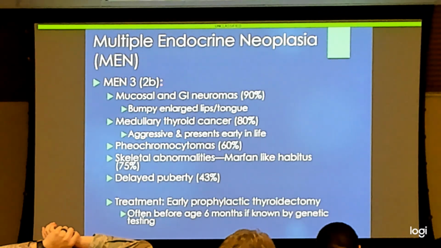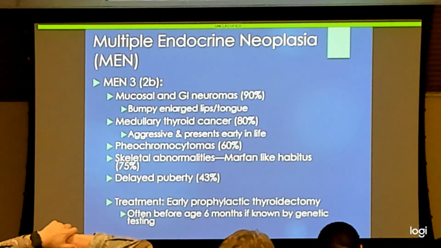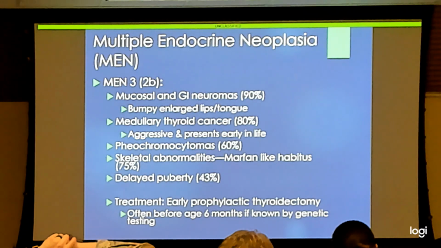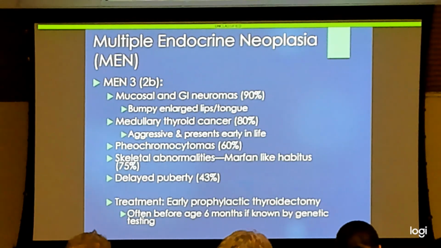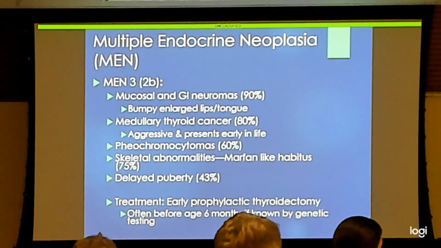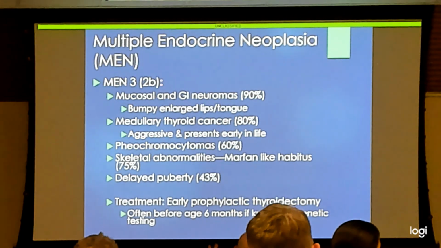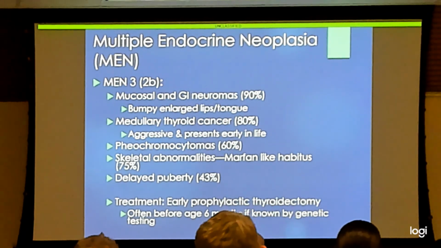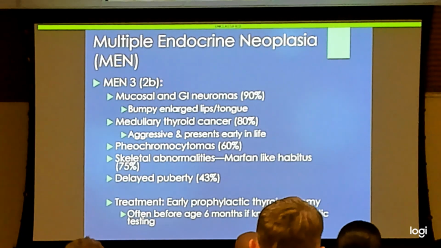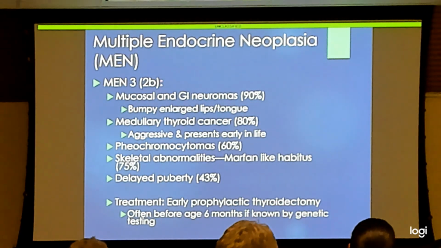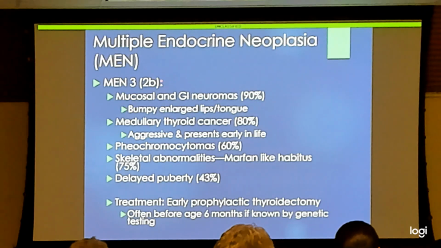And then this is the interesting one, skeletal abnormalities. He basically has a Marfan-like habitus. So I say Marfan-like, what does that look like? Tall, long, slender. I like it. Okay, exactly. He wouldn't have Marfan, but a Marfan-like appearance. So again, super tall.